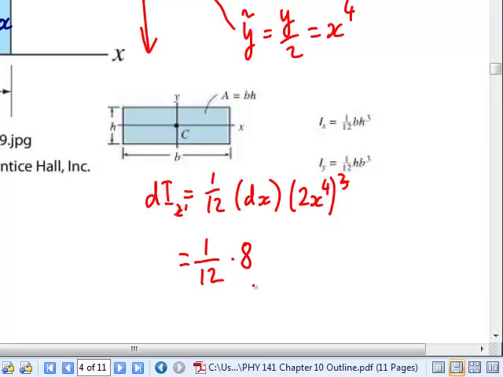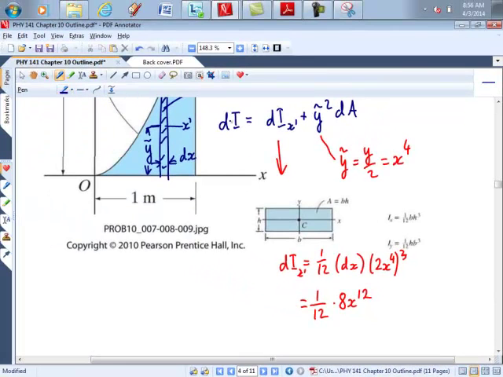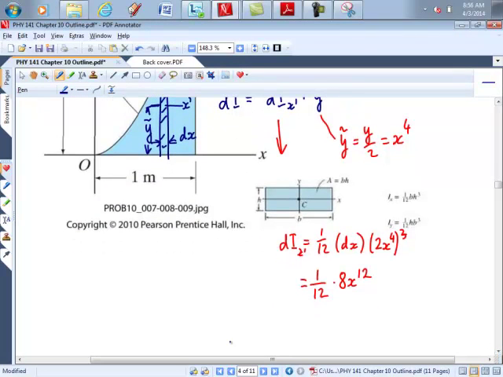X to the 4 cubed is going to be x to the 12th. And then we can combine that with this dx. Oh, yep, dx, thanks. So then we have dI x is going to be that expression, so 8/12 is 2/3.